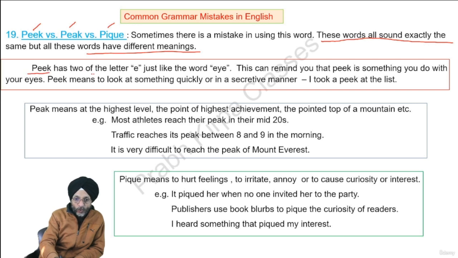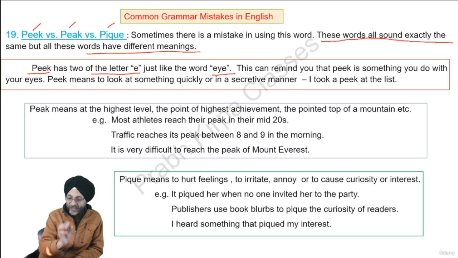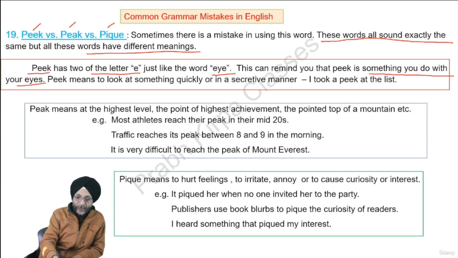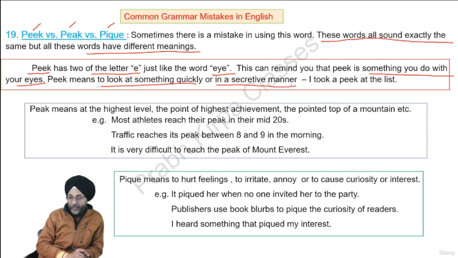Peek has two letters E, just like the word eye. In case of peek, there are two E's. In case of eye, there are also two E's. This can remind you that peek is something you do with your eyes. That is, this word has some relation with your eyes. Peek means to look at something quickly or in a secretive manner.